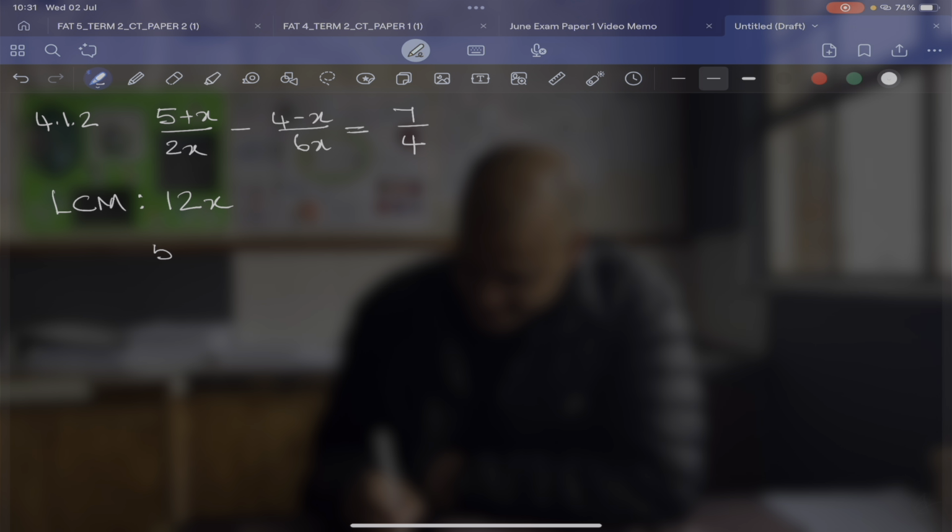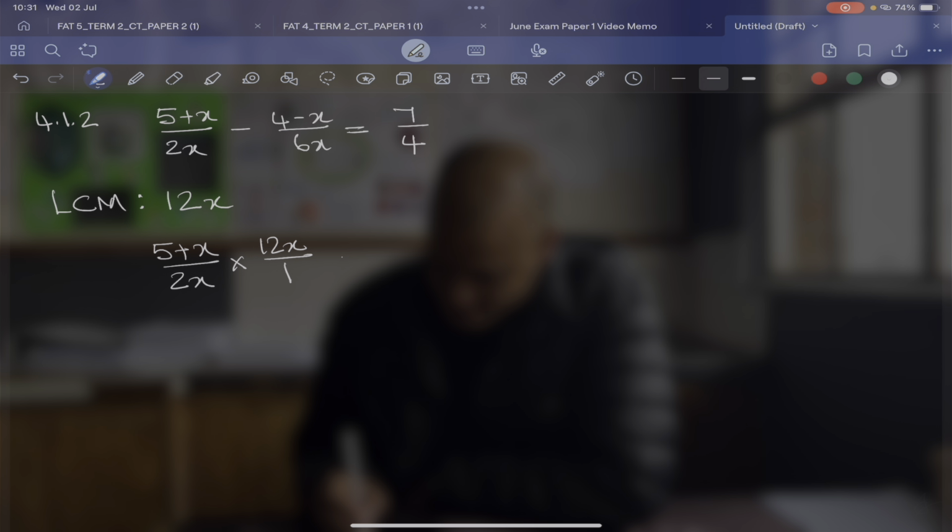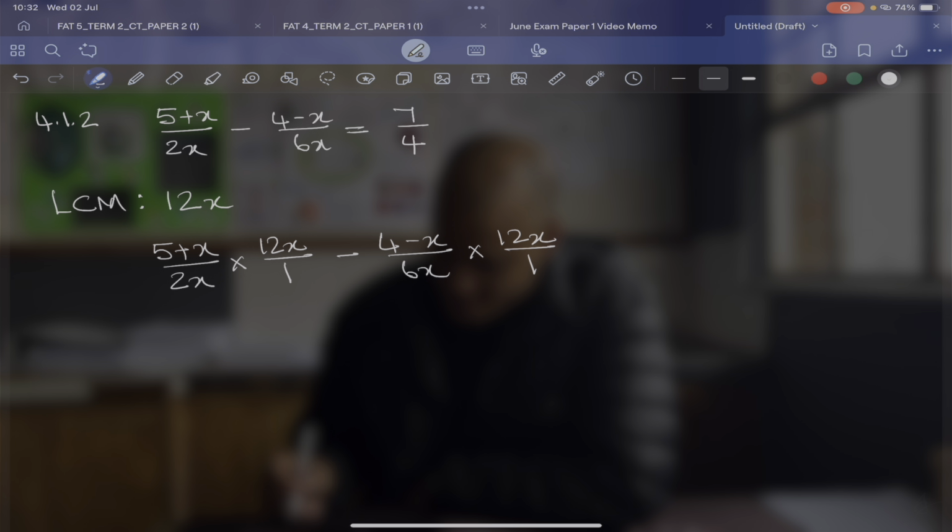So I'll have 5 plus x over 2x, and I'm going to multiply that with 12x over 1. Not 12x over 12x, just 12x over 1, minus 4 minus x over 6x, multiplied also with 12x over 1, and that is equal to the 7 over 4, and that will also be multiplied by 12x over 1.